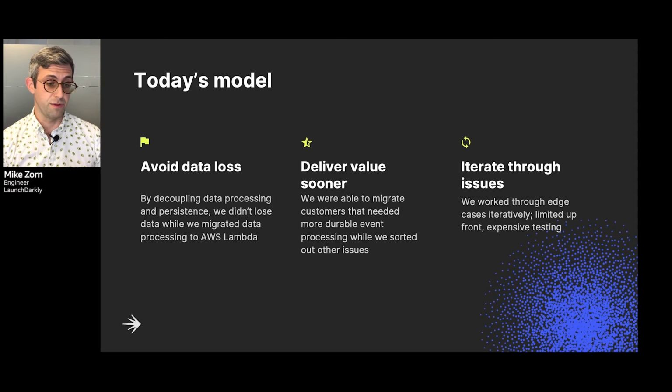We were able to avoid losing data while we migrated the data processing to Lambda and worked through some kinks. And additionally, we're able to deliver value sooner than we would have if we did a ton of upfront testing. So we worked through issues as we ran into them in production, and then relied on feature flags to move the traffic back as we found new issues.